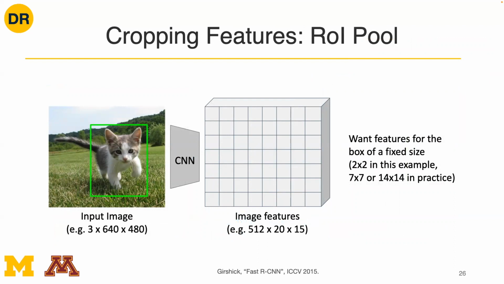Imagine we have a fairly large input image: 3 color channels, 640 in width, 480 in height. We pass it through our feature extractor, and hypothetically we end up with 512 channels with a spatial resolution of 20 by 15, so a width of 20 for this feature map and a height of 15.